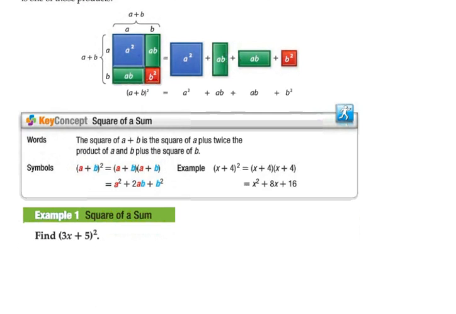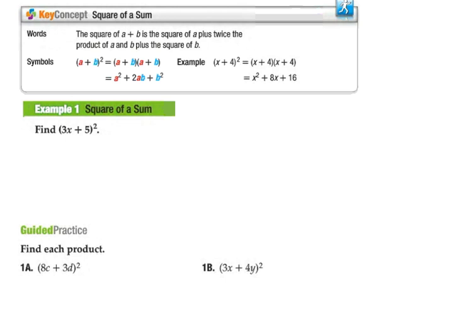Okay, otherwise, square of a sum is what we're going to work with. They do a good job here with symbols, explaining what I showed you in words. So if you like those symbols a little better than how I explained it, go for it. Otherwise, we're going to look again at our rule. We have two like binomials and we are squaring it.